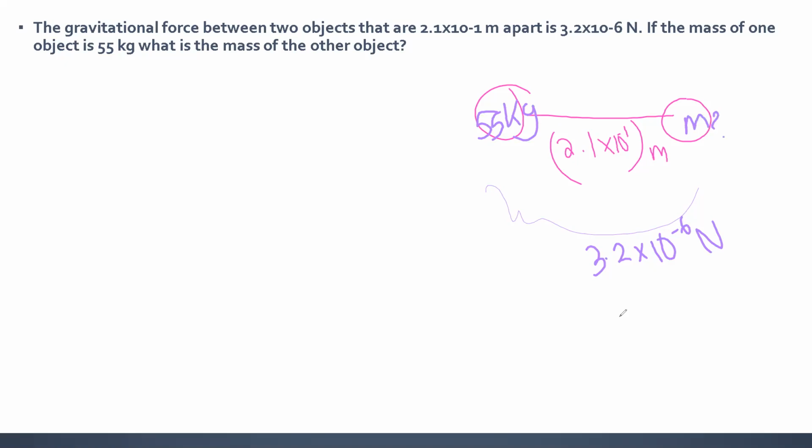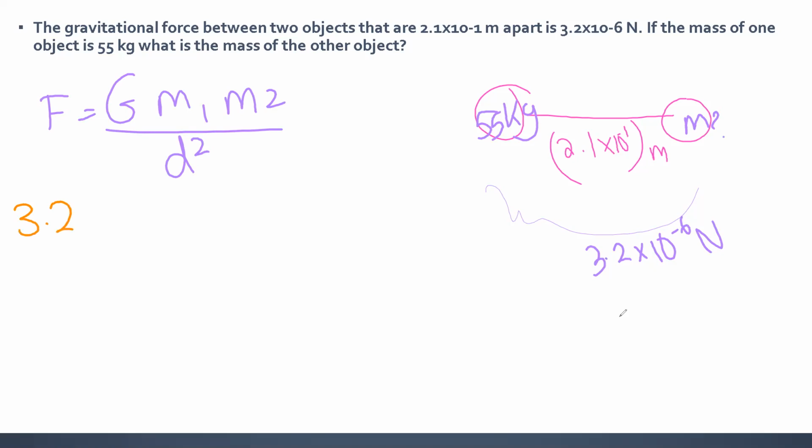Here now, what did we have? We have the force F = G M1 M2 over d squared. Now what is the force here? It's 3.2 times 10 to the power negative 6. Now what is G?